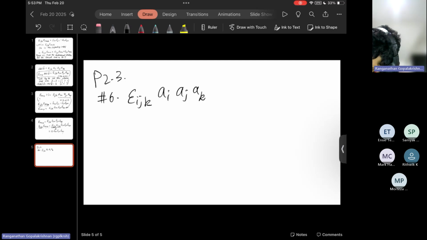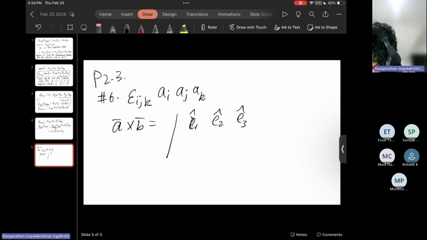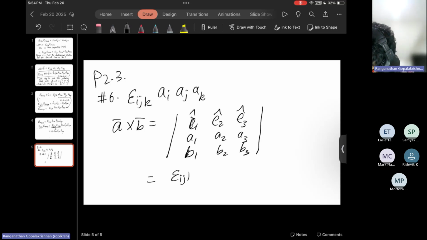Is it like writing the matrix of A, or is it like A cross A dot A? So if you take A cross B, this is E1, E2, E3, A1, A2, A3, B1, B2, B3. So you can write A cross B as epsilon ijk AI BJ EK.